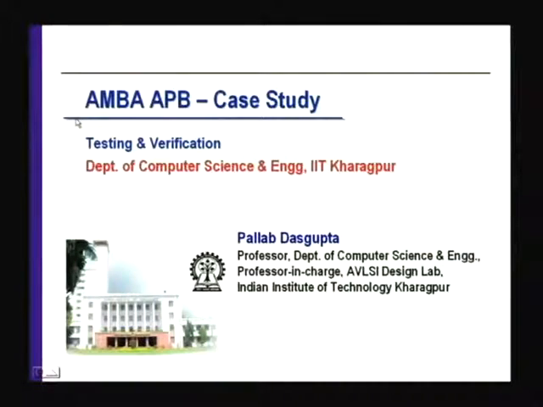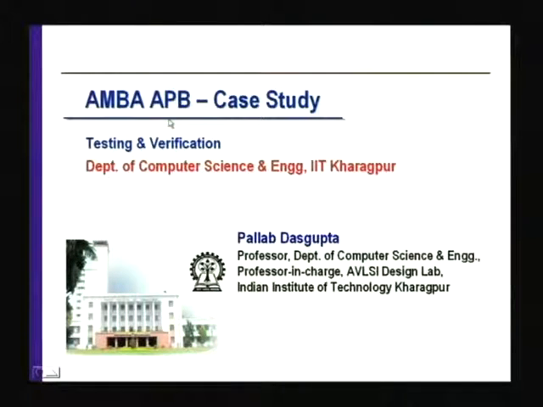So today what we are going to do is to study a particular case study which is going to talk about this whole framework in the context of one example. The example that we have chosen here is the AMBA APB.